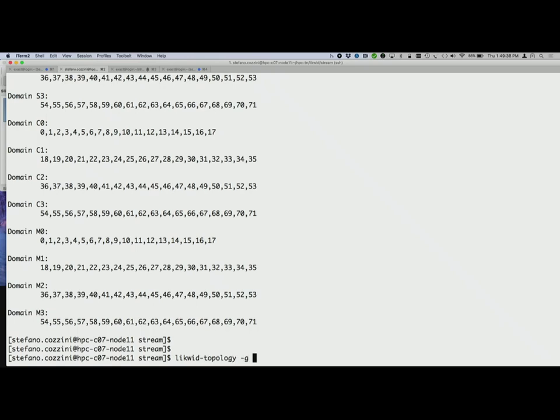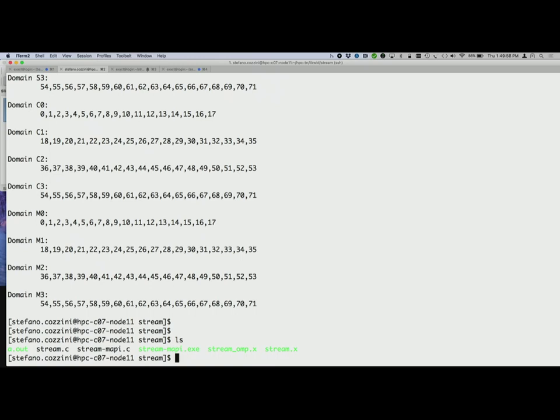Okay, and what we can do now is an example in which we run a simple program. Let me just recompile the code. I can compile my code here and call it stream.omp.intel.x.